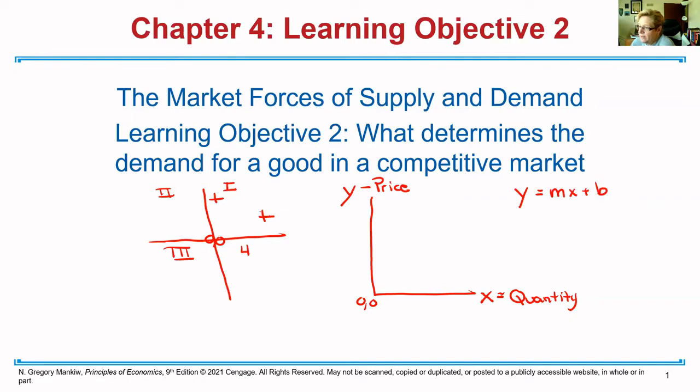If you remember back from linear equations, y tends to be what we call our dependent variable. m is our slope. x is our independent variable. And b here is our y-intercept, meaning when x is 0, this is where we're at.